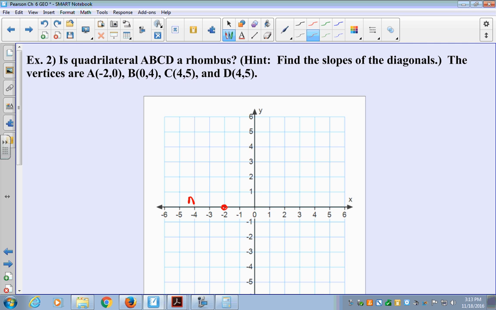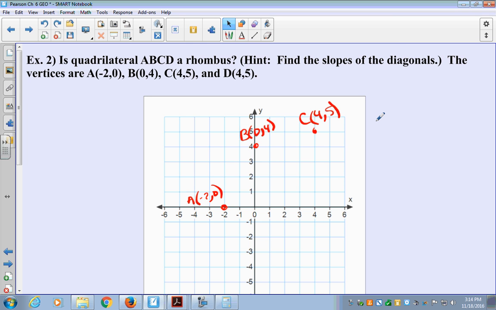0, 4 is B. 4, 5 is C. Hold on just a second.